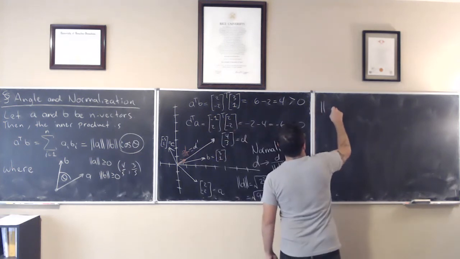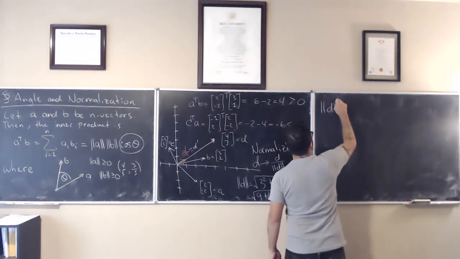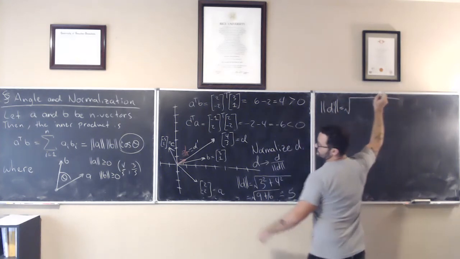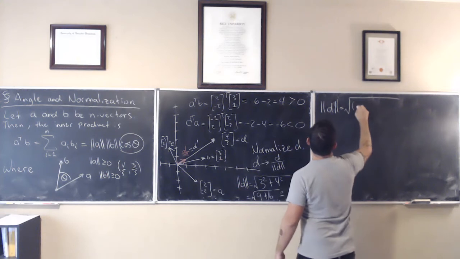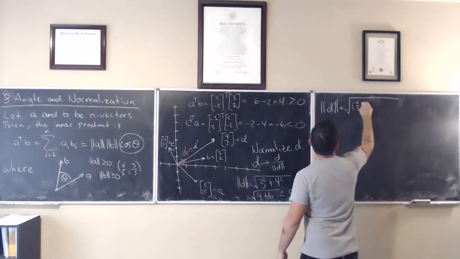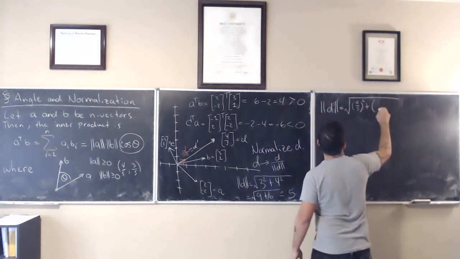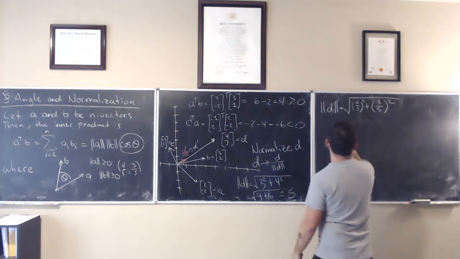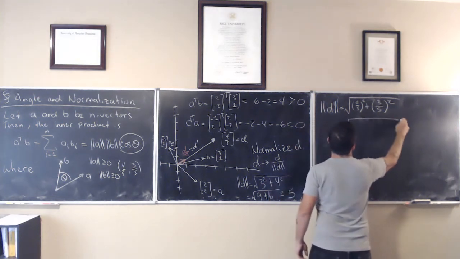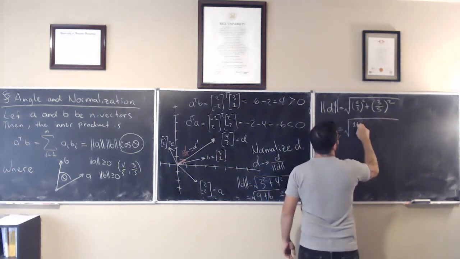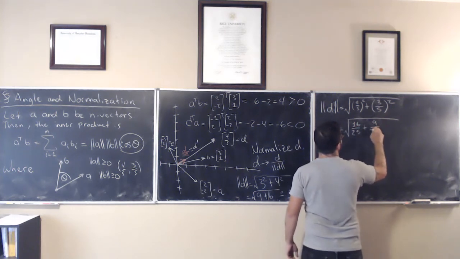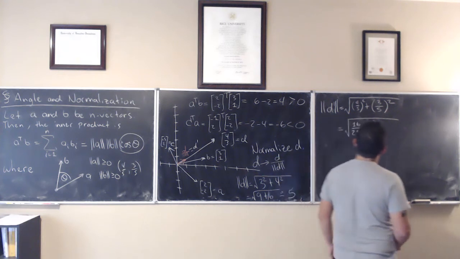So if we look at the norm of D prime, it's the square root of 4 over 5 squared plus 3 over 5 squared. So what does this become? Square root of 16 over 25 plus 9 over 25.